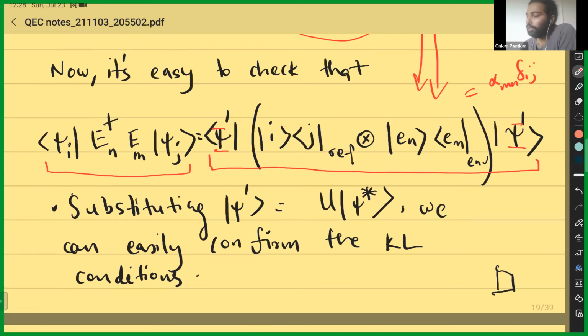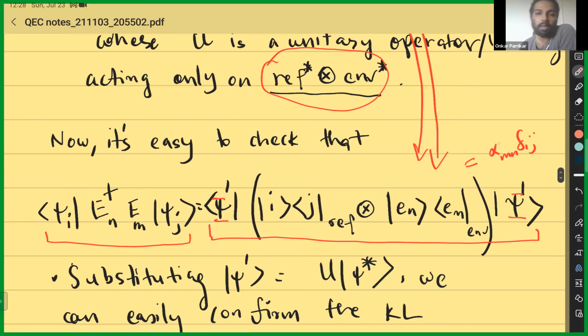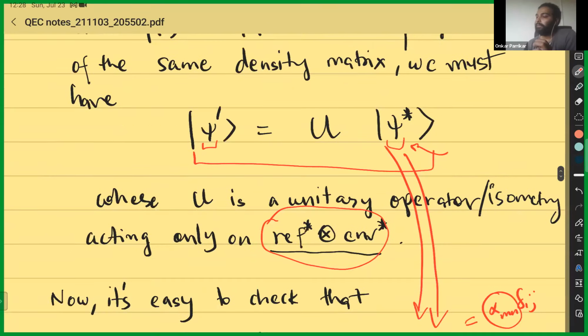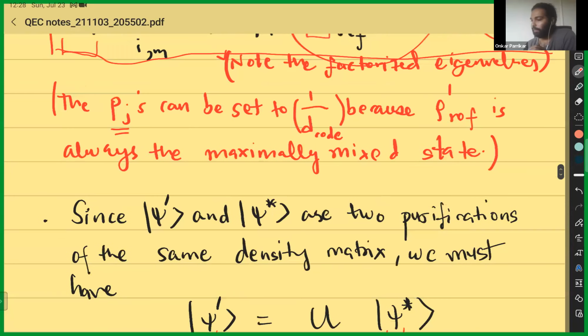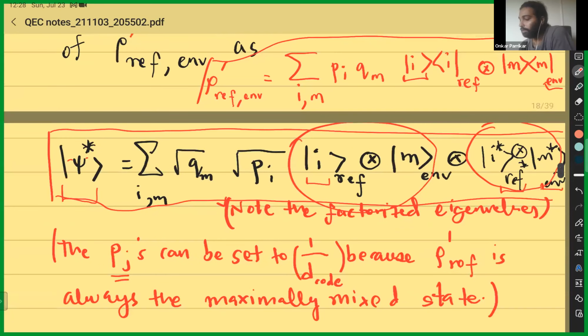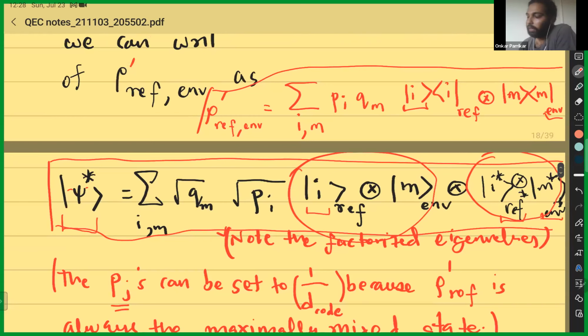It's an interesting exercise to do, though, because you will learn what these alpha mn's are when you do that. You learn that the alpha mn's are basically overlaps between the, it's a nice exercise to do. There are two sets of basis vectors on the environment that we've introduced in this discussion.